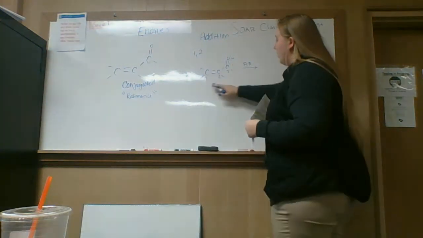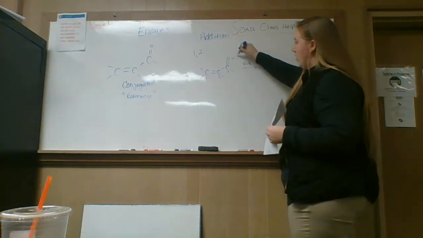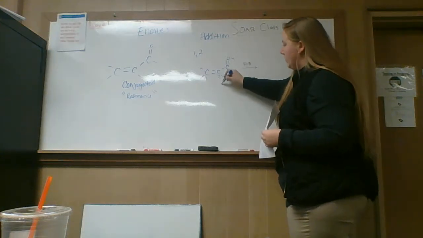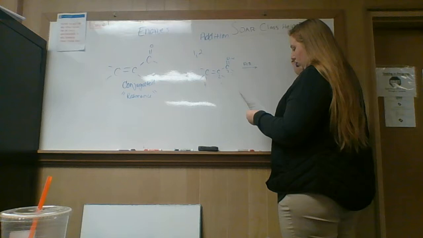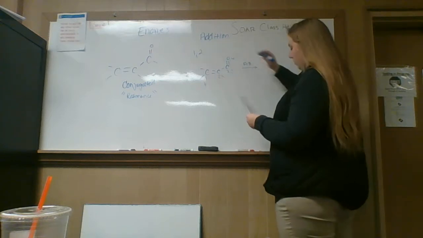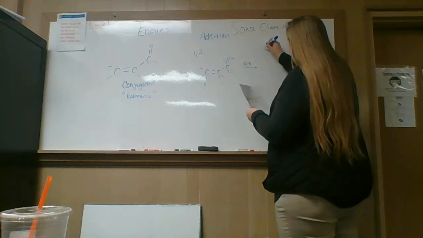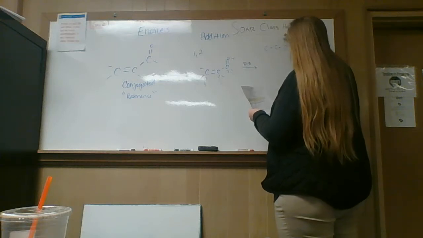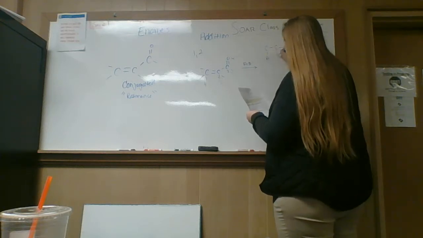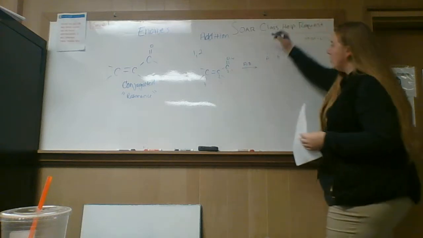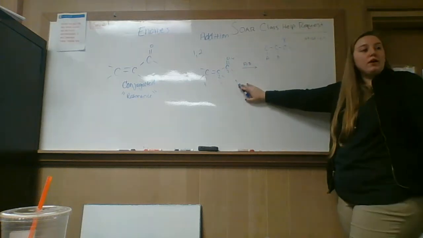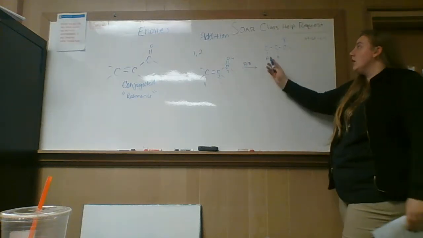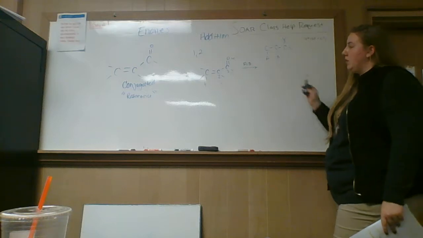So we can either number them this way or number them this way. If we number them this way, okay, so we broke the pi bond in the carbon-carbon double bond, added something to each carbon.